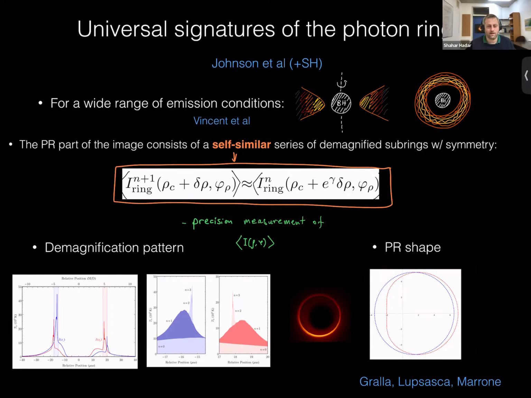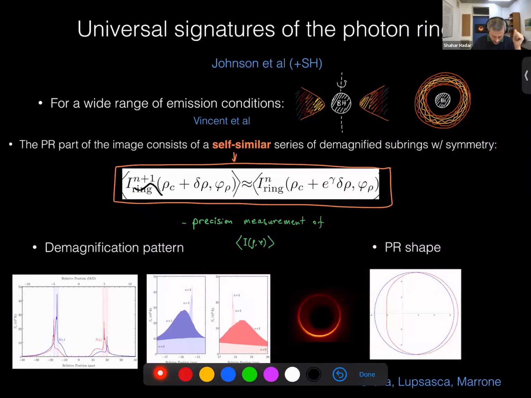We saw that in the high n limit, which practically starts from maybe n=1 or 2, there's a symmetry between the subrings, in which the time averaged image of the (n+1)th subring is identical to the image of the nth subring, only demagnified by a factor of e to the gamma.